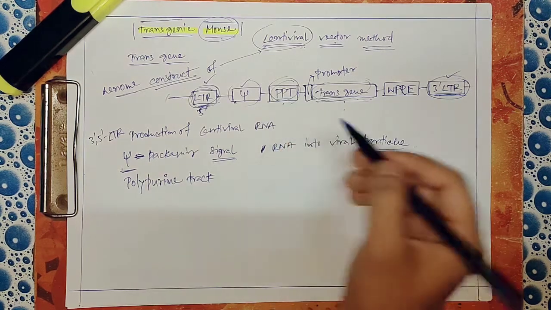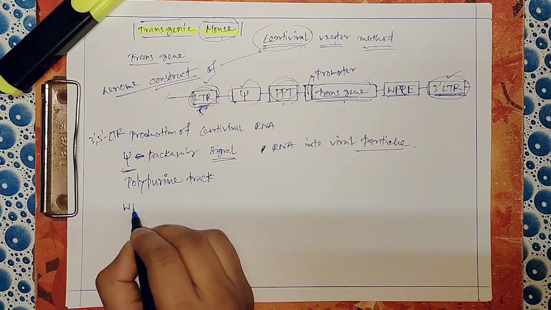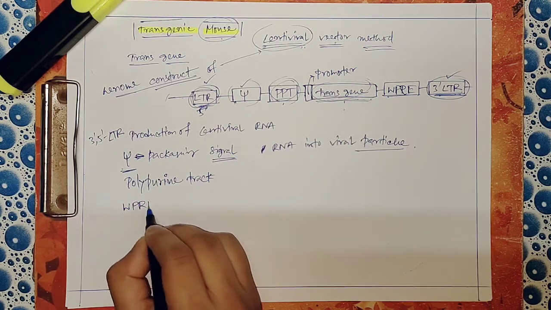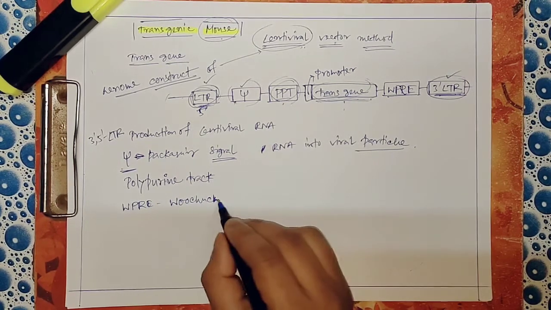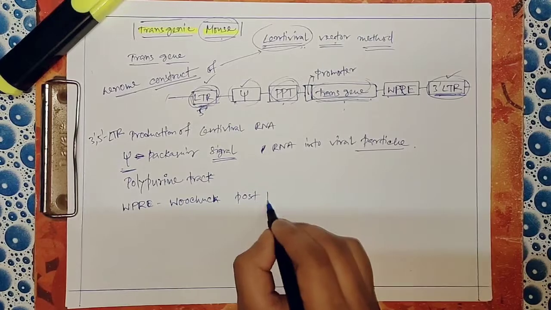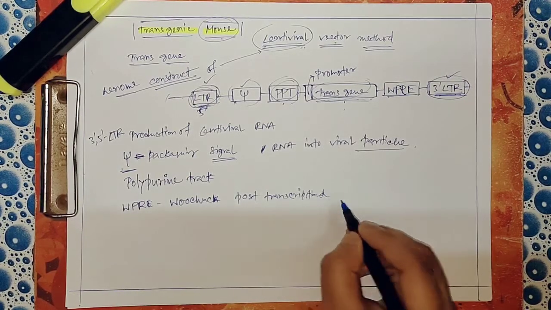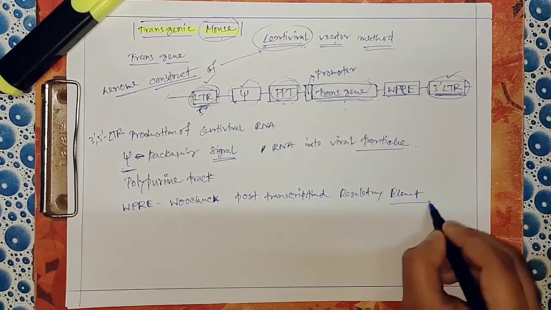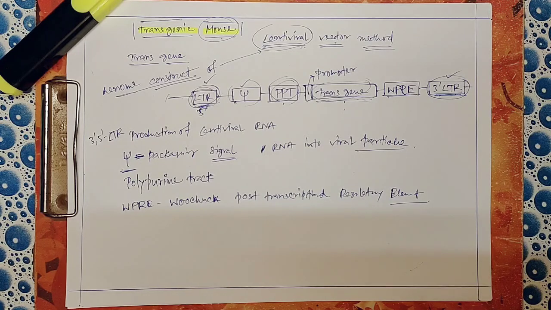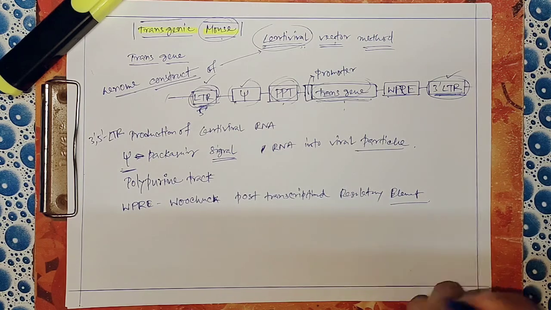If you consider PPT and WPRE, and I am writing this together, WPRE is the woodchuck post-transcriptional regulatory element. From the name you can predict that they enhance the transduction of the host cell and increase the transgene expression in the animal.